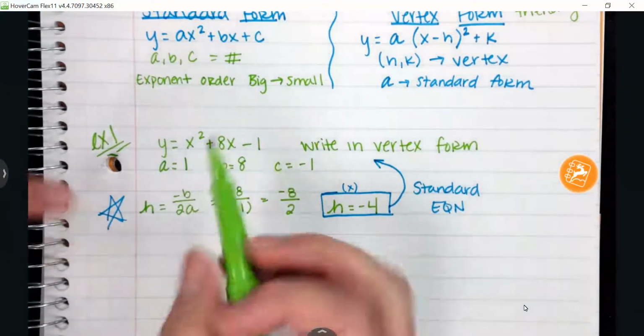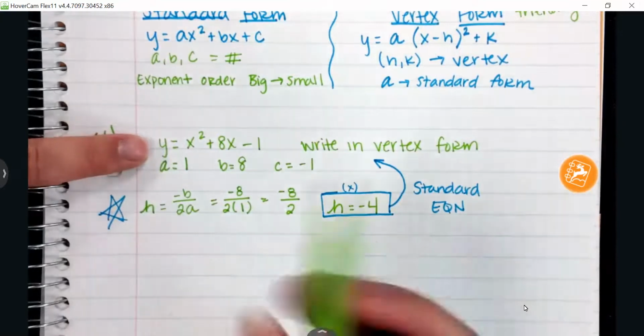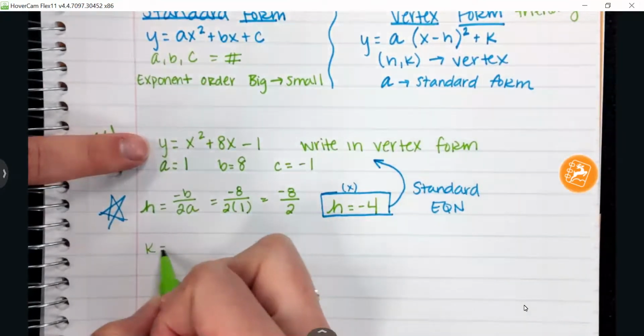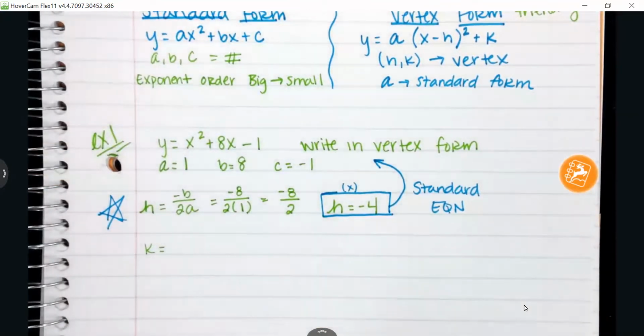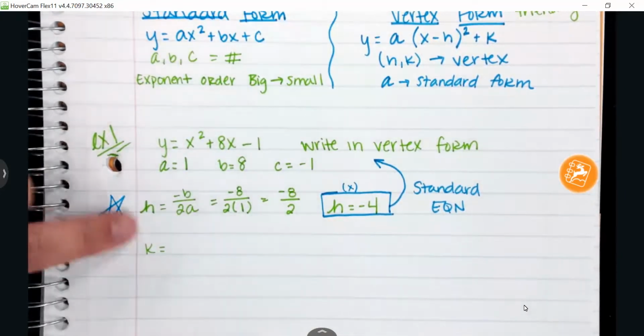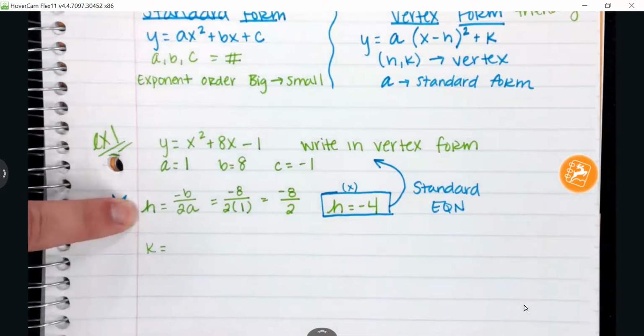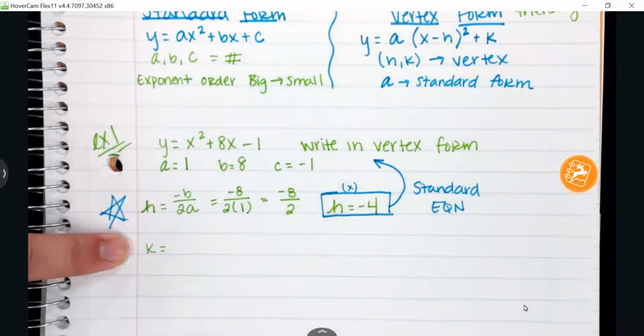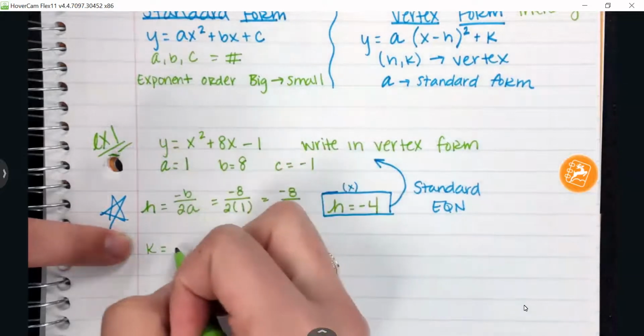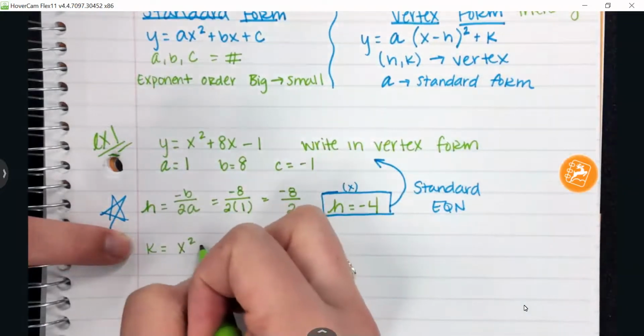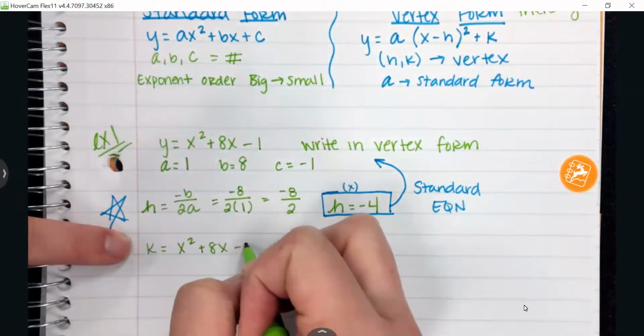So instead of Y equals, I have K equals, because what does the letter K stand for? The Y value of my vertex, right? Are we following? We got questions. What does H stand for? X. What does K stand for? Y. Very good. So I have K equals X squared plus 8X minus 1.